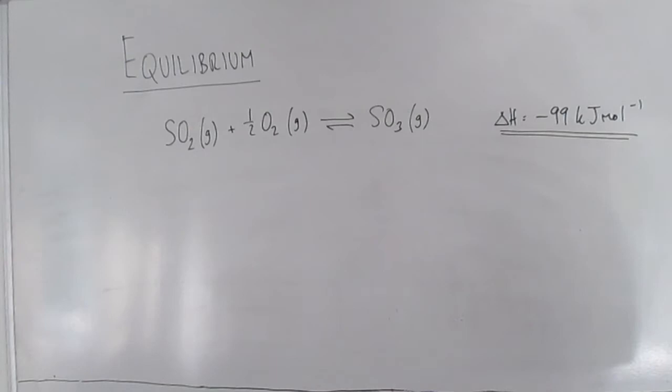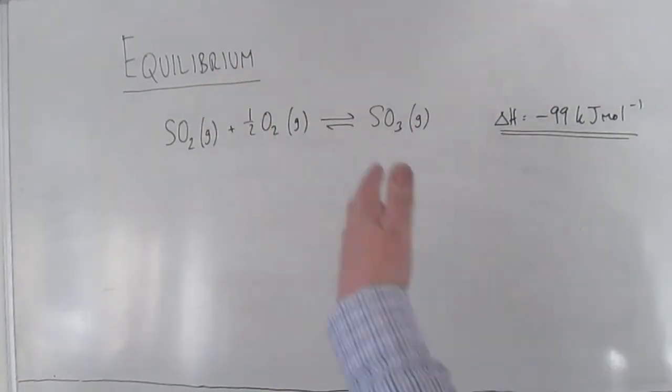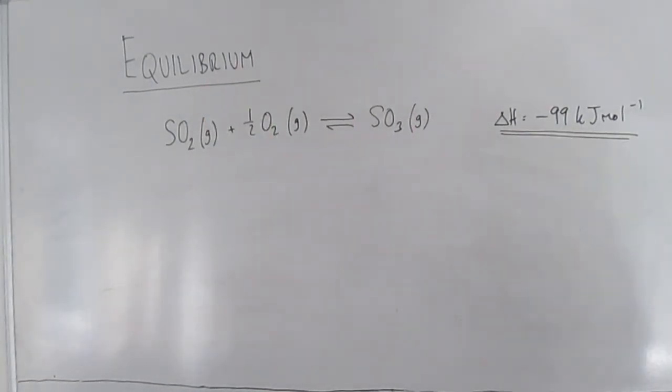And one of the things that you need to be able to do is to make predictions about which direction that equilibrium will move in when you make a particular kind of change. Now, there are basically two approaches to that. One is a slightly mathematical approach using something called an equilibrium constant, and that we'll learn about next year.